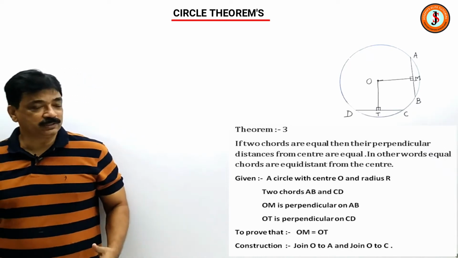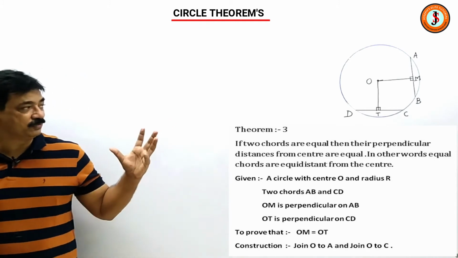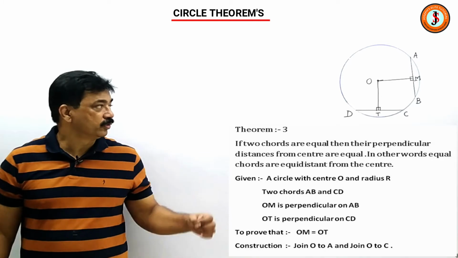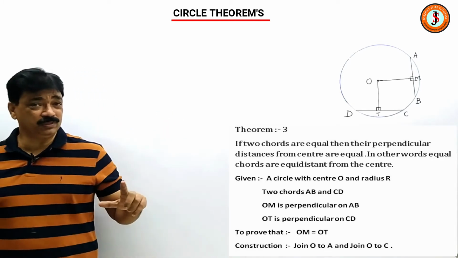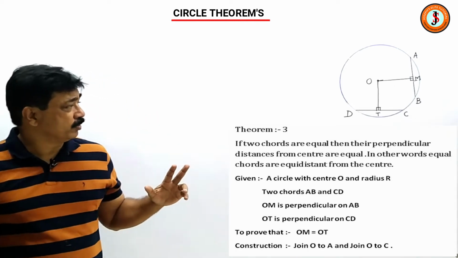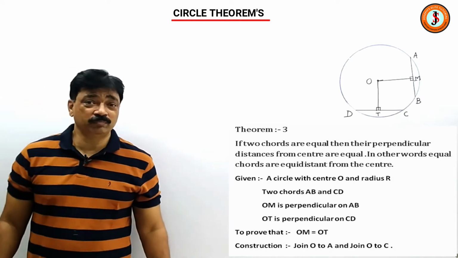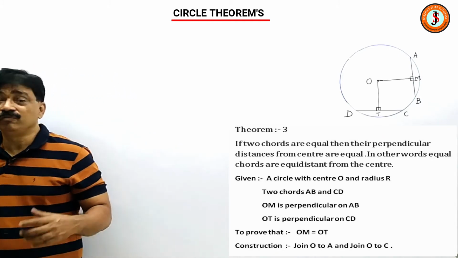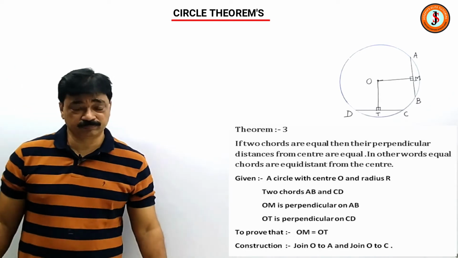So, once again, what is given? Given is a circle with center O and radius R, and chords AB and CD which are equal. Chord AB is equal to chord CD. OM and OT are perpendicular. And we have to prove OM is equal to OT.